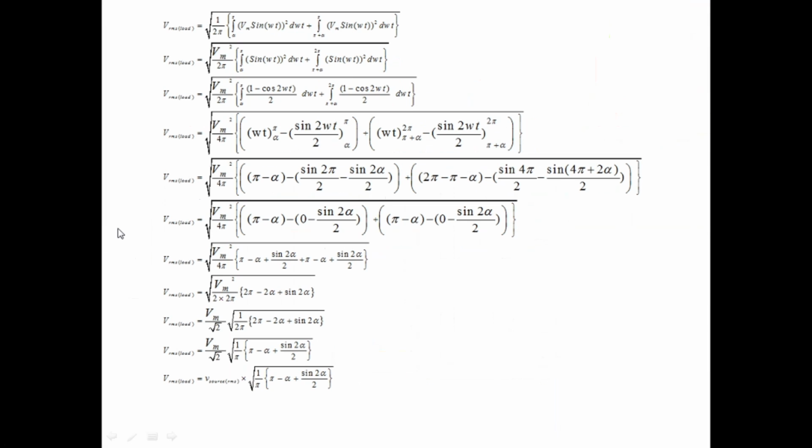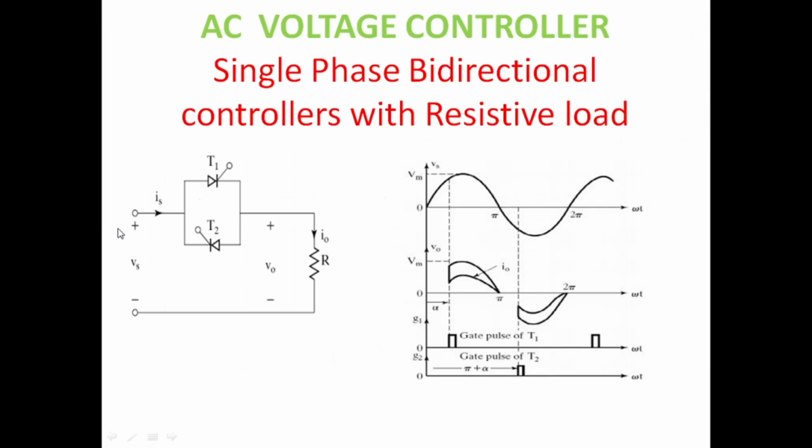So right now what I am saying is, when the input is in the positive half cycle, we apply a gate pulse to thyristor T1, so T1 turns on. Once it turns on, it acts like a wire.